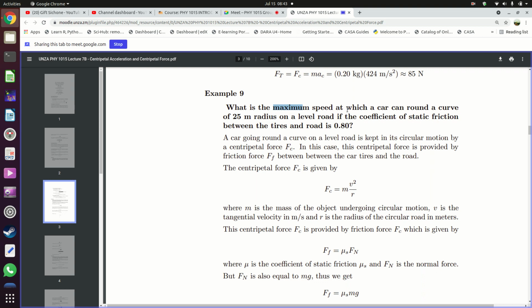The reason is that when you go beyond that speed limit, you cannot keep the car on the road. You will not be able to provide enough centripetal force. And that centripetal force is provided by the tires of your car.